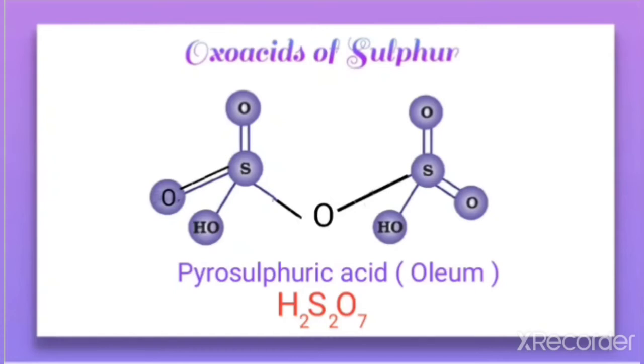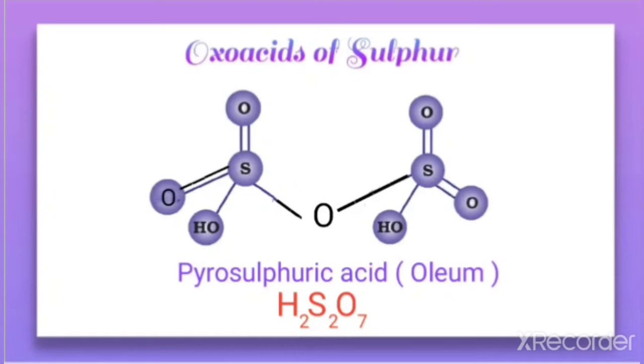The formula for this is H2S2O7. Now count the number of hydrogen: one here, one here, so two hydrogen, two sulfur, that is S2, and count the oxygen, 1, 2, 3, 4, 5, 6, 7, so there are 7 oxygen. So this is the structure of oleum.